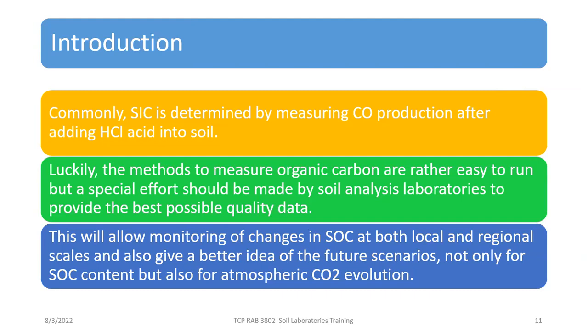Then the loss in weight of the soil sample is measured to be the value of organic matter. This is a very common method, normally known as dry combustion, and this will give you a very reasonable measurement of organic matter in the soil.